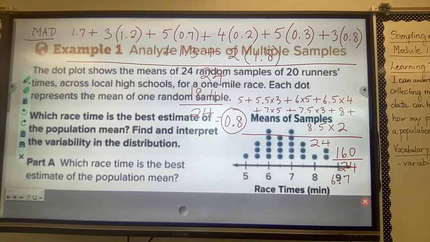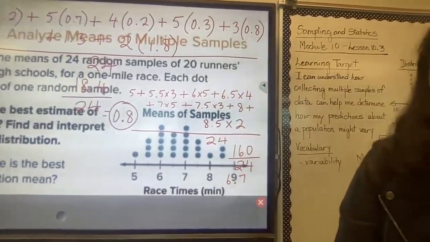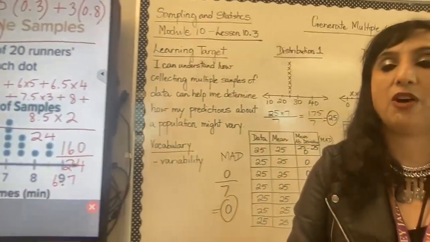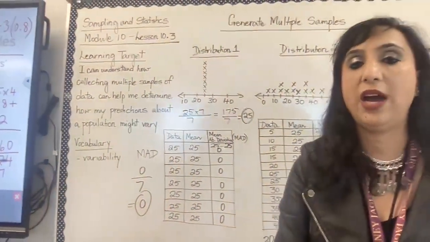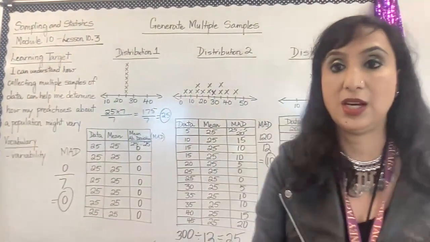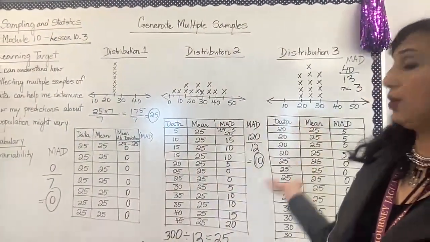The distribution has a relatively low variability. The estimate of 6 and 7/10 minutes as the population mean is not far off from what the true population mean may be. Okay, so once again, this lesson is all about variability, and all you have to do in this lesson is, just showing you this again.